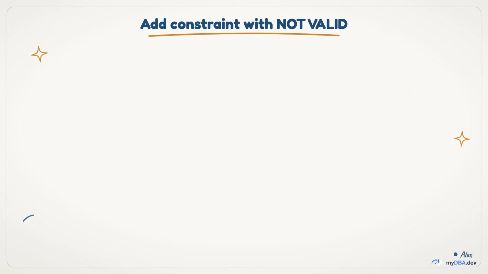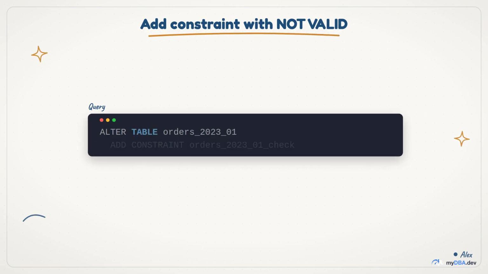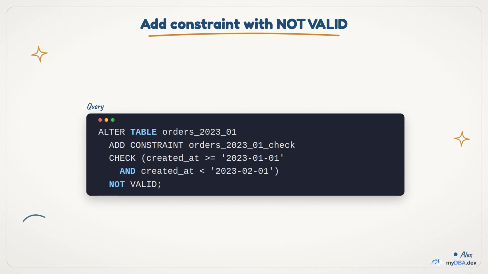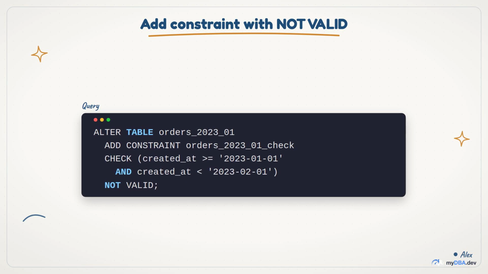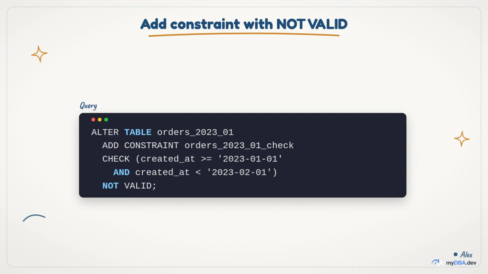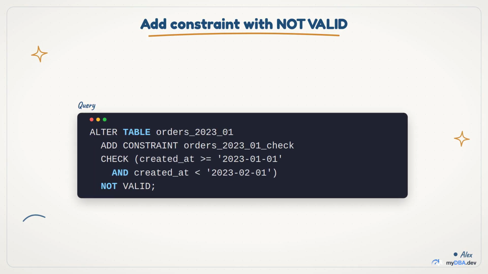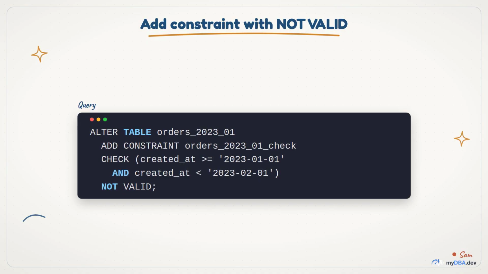Here's the pattern. You add a check constraint on created_at with the exact bounds, and you mark it not valid. This tells Postgres the constraint exists, but hasn't been verified yet. The constraint is added quickly because Postgres skips the scan. So when do I actually validate the constraint?